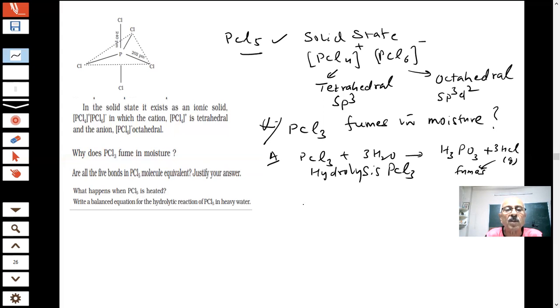What happens when PCl5 is heated? Question 2: if you heat PCl5, what is the reaction?